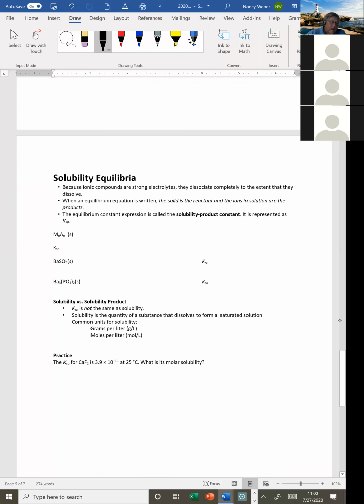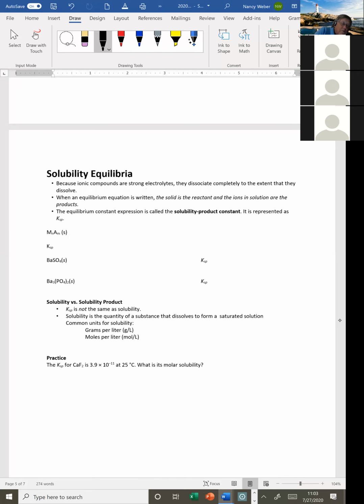Okay, what happens when we say something is insoluble? That means that in practical aspects, it's not soluble. We can't see much difference. But the reality is that some ions will dissolve, although it's going to be very small.